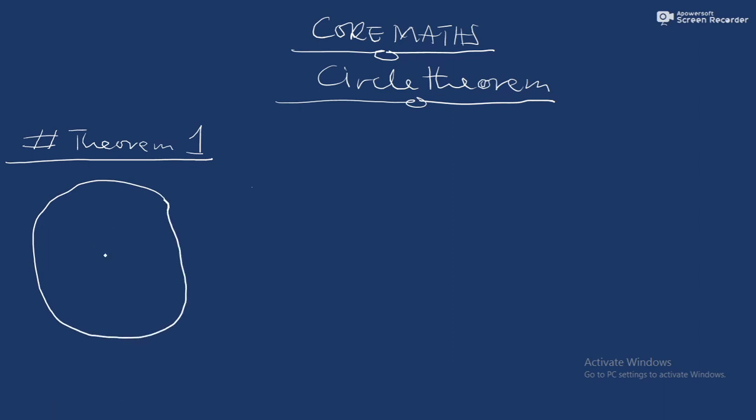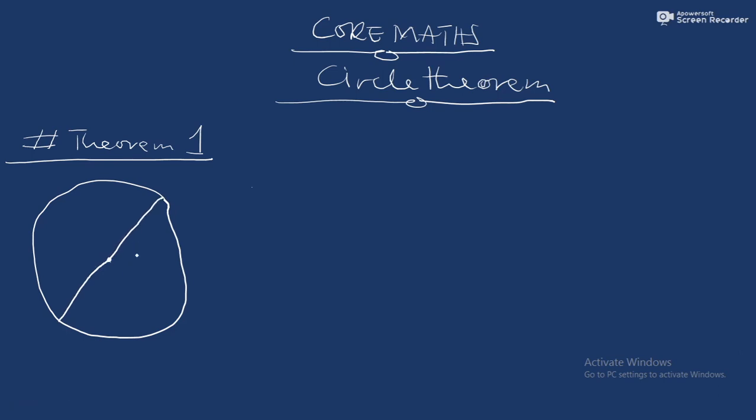Now, the first theorem is about the diameter of a circle. So we all know that if this is the center, then this line passing through the center is a diameter.